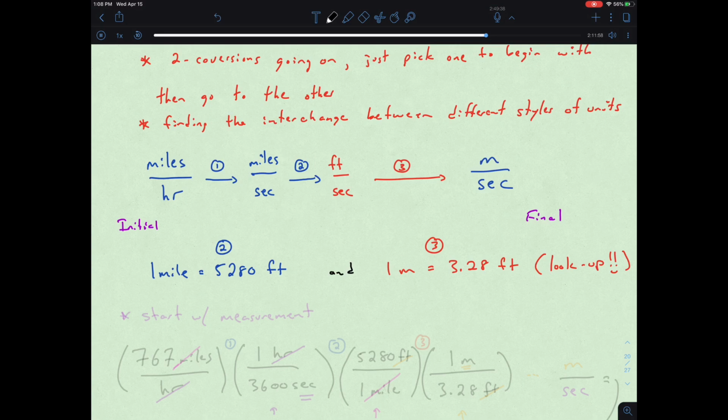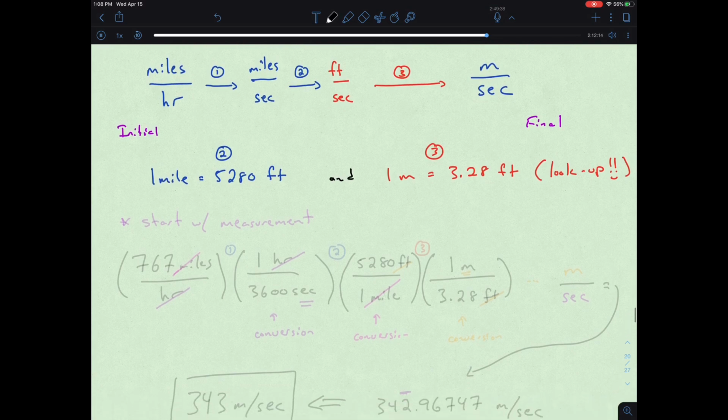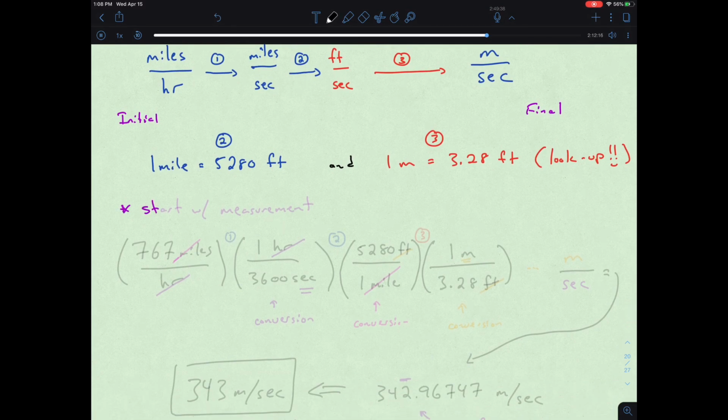So it's finding that interplay, which is really important in terms of going from one unit that you're familiar with to maybe another one that you are not. So we can start with that measurement, right, being the 767 miles per hour.